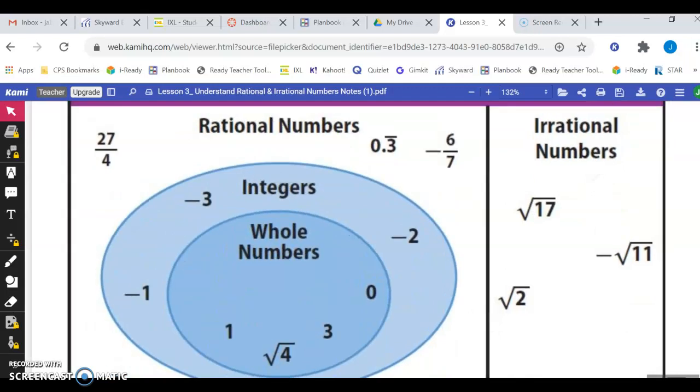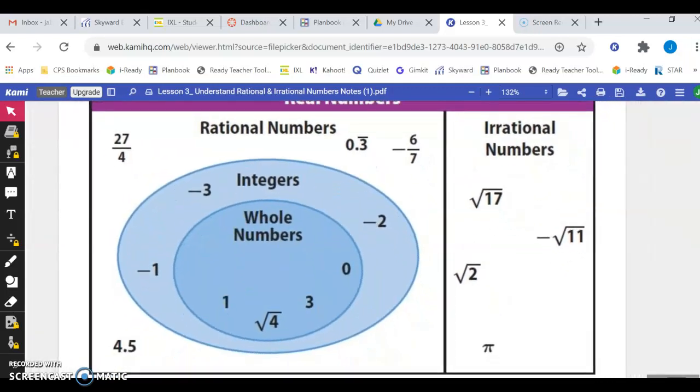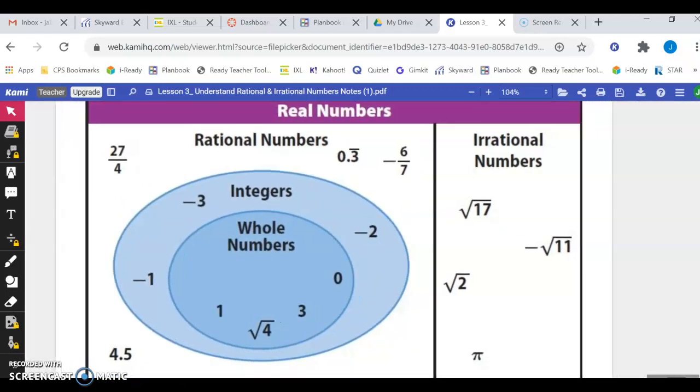It can be written as a quotient of two integers. This chart here I have printed out for you if you are in class. It just talks about the different types of numbers. The whole chart is real numbers. On the left-hand side, we have rational numbers. Rational numbers are the fractions, the decimals. They also include the integers and whole numbers. Integers are your positive and negative whole numbers.